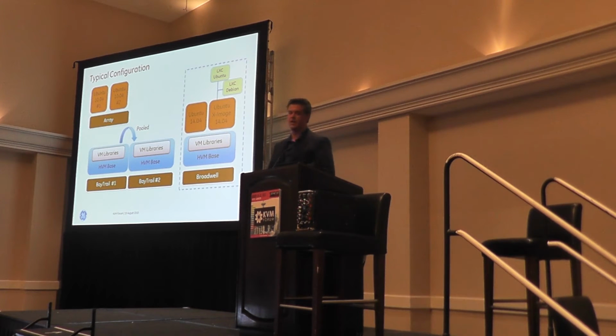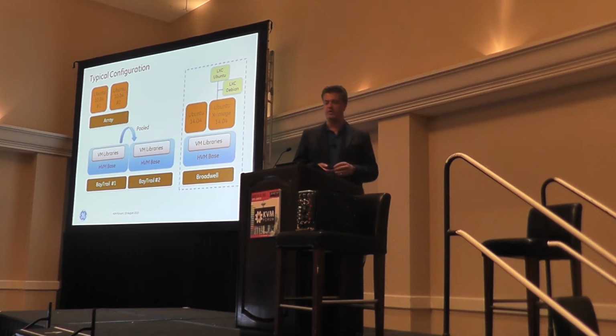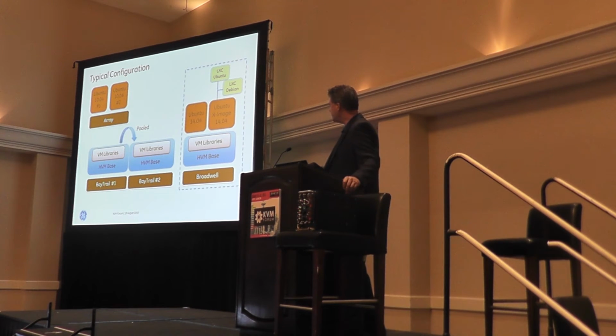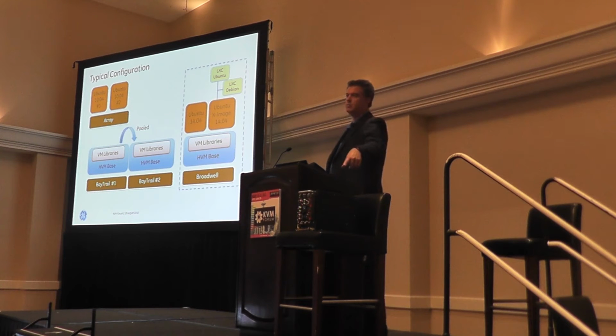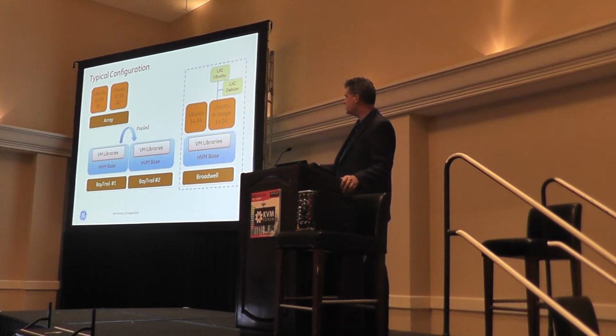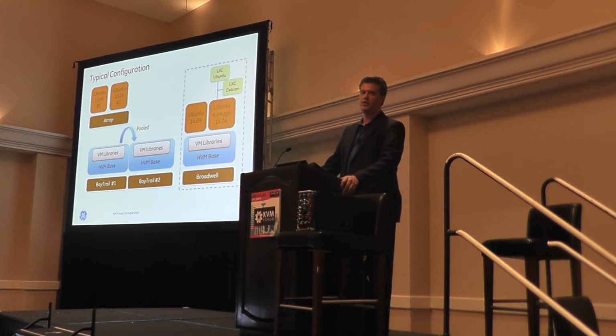I did want to show this as a typical configuration that we may use. In fact, the left side of this slide is exactly the way this is configured right now. We have a hypervisor base running on 2 of our Bay Trail processors. The array actually holds the images, and then we basically just say start, start, start, and when they start, they go to the application card that's most appropriate.